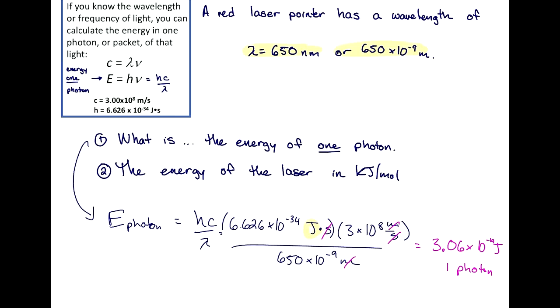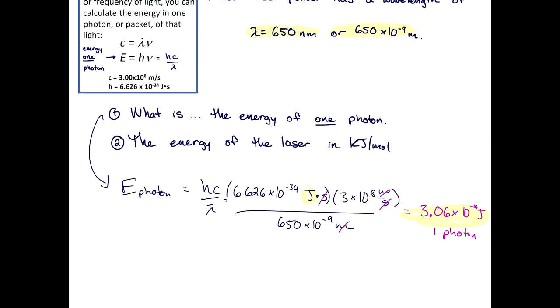Like atoms, we can talk about the mass of one atom, but in lab we always work with tons of atoms. So let's scale this value up to a mole amount, just like our gram amounts for atoms. We can convert this energy of the laser to kilojoules per mole as well.